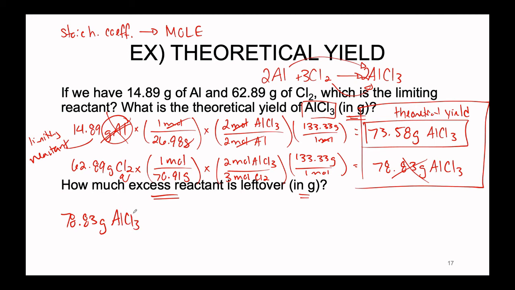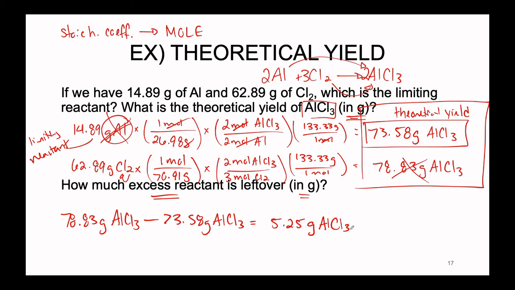Again, we have to keep track of what formula we're paying attention to, what we're working with. And we're going to subtract out 73.58 grams of aluminum chloride, which is what we actually made, giving us a difference of 5.25 grams, again, of aluminum chloride.